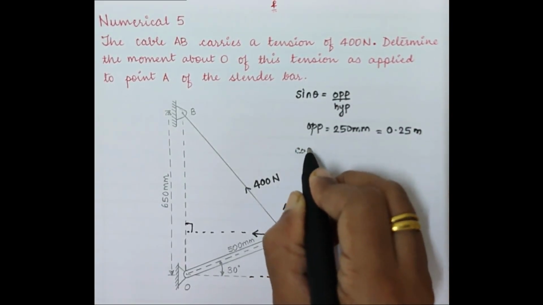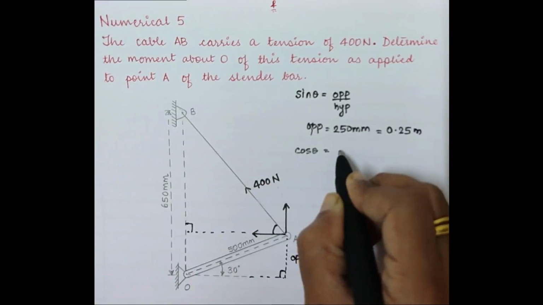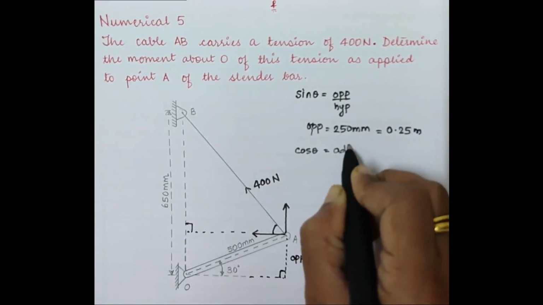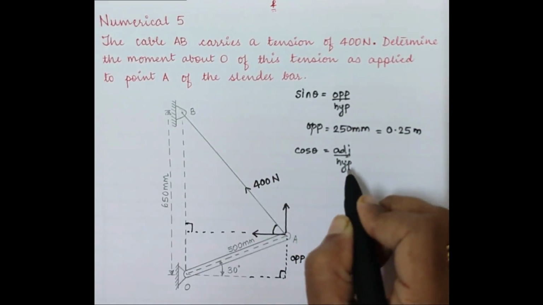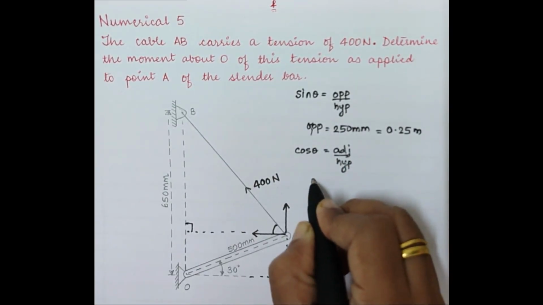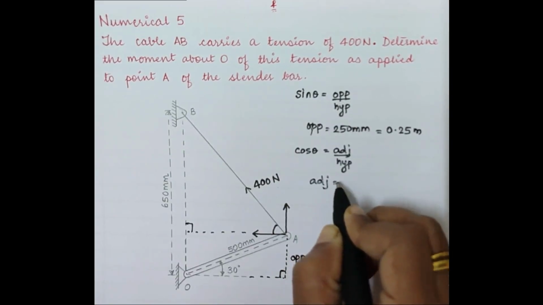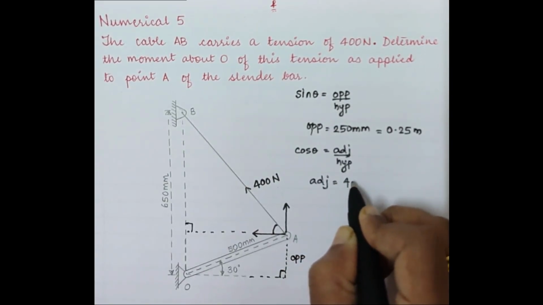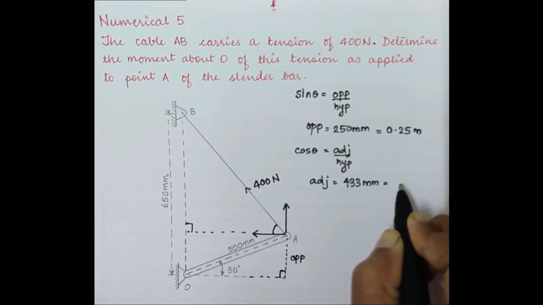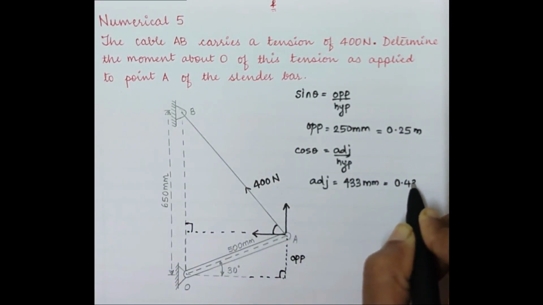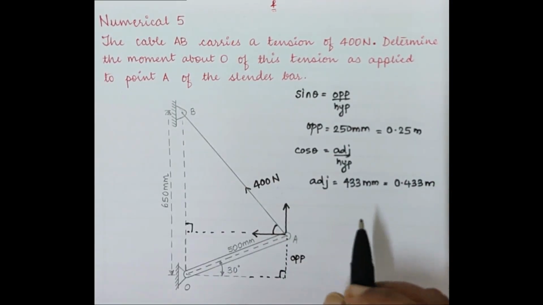Also, we can use cos theta, that is adjacent upon hypotenuse. And using this particular equation, we can calculate the value of the adjacent, which comes out to be 433 mm. That is nothing but 0.433 meters.